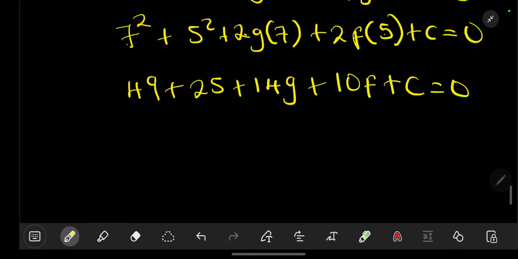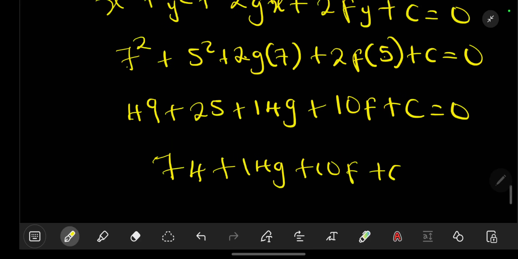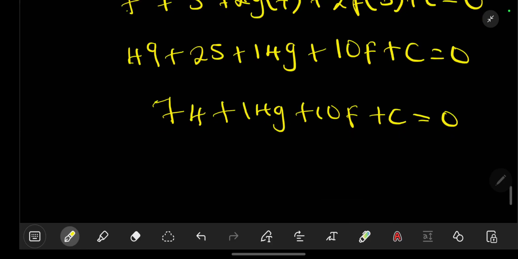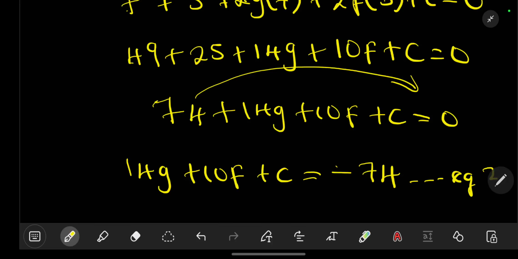When you add 49 plus 25, it gives you 74 plus 14g plus 10f plus c equal to 0. We take this the other side, and we remain with 14g plus 10f plus c equal to negative 74. So this will be our equation 2.